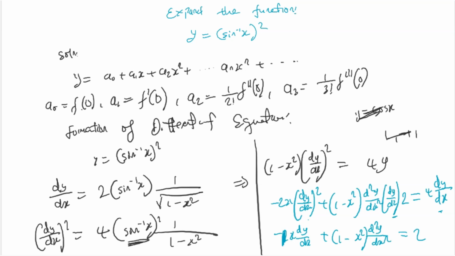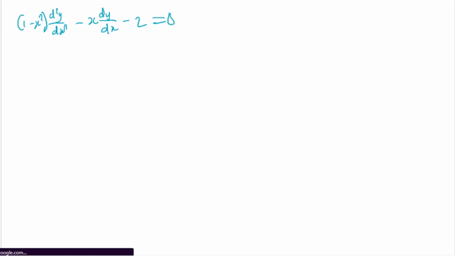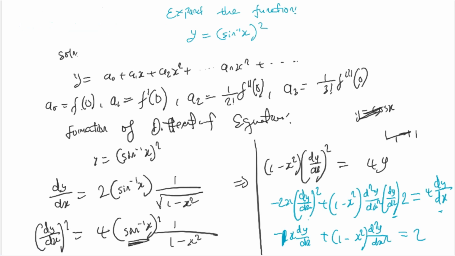So let me write it out to this point: we have (1 minus x squared) d squared y over dx squared minus x dy/dx minus 2 equals 0. Let me confirm. Alright, so negative x dy/dx plus (1 minus x squared) d squared y over dx squared, then subtracting 2, equals 0.